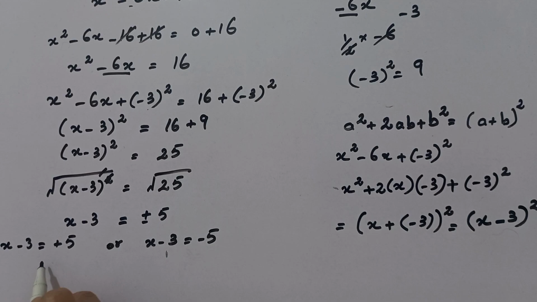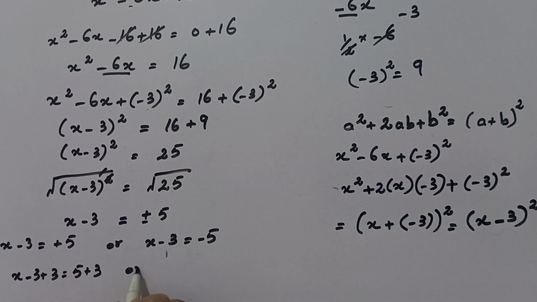Now, first of all, we will eliminate this negative 3 from both equations. So we will add plus 3 on both sides, 5 plus 3.